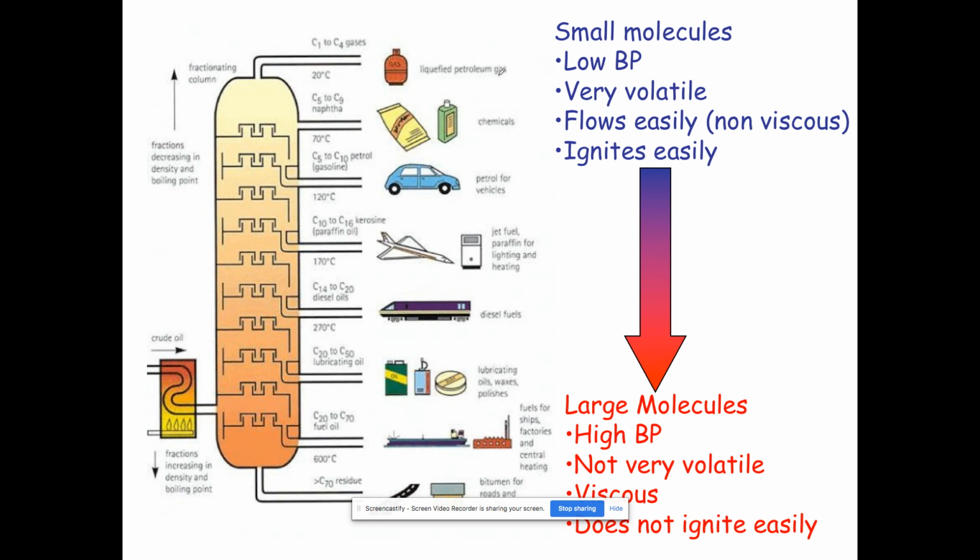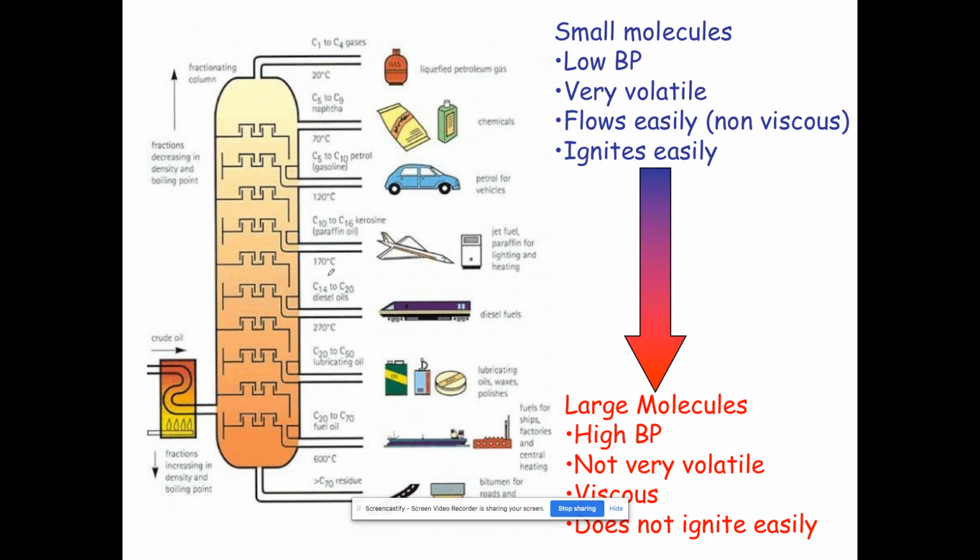We use that for liquefied petroleum gas, like your propane tank. Then we keep heating it, and we pull off 5 to 9 carbons for chemicals. We keep heating it, 5 to 10 gasoline, petrol. This must be a British diagram. Gasoline for your car.